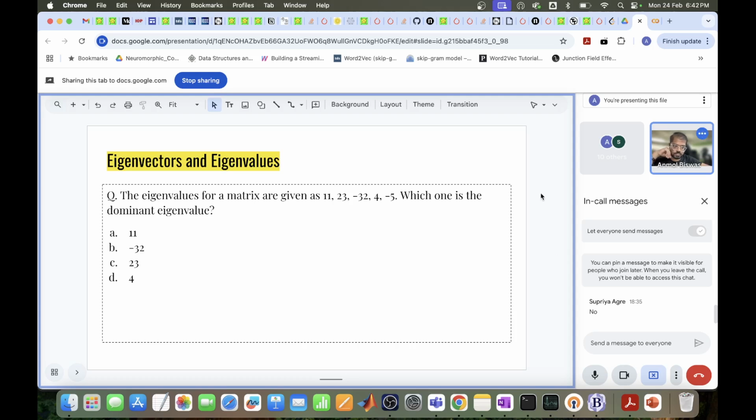And here, this is a very simple question: given that the eigenvalues for a matrix are 11, 23, minus 32, 4, and minus 5, which one of these is the dominant eigenvalue? Is it 11, is it minus 32, 23, or 4?